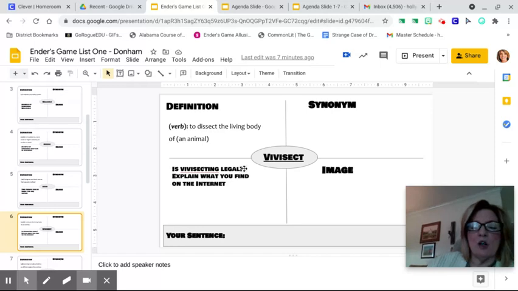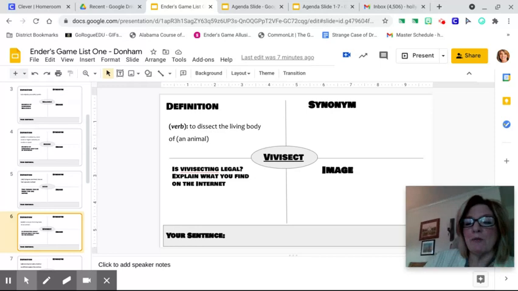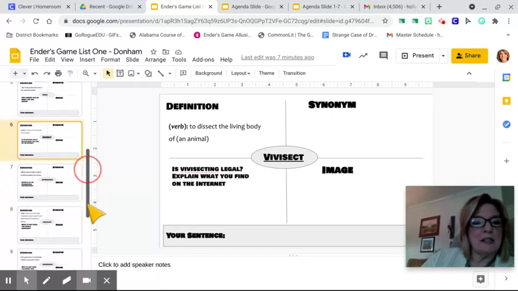Here again, the question is, is vivisecting legal? Explain what you find on the internet. So I want you to do a little bit of research about vivisections and vivisecting and answer the question in this box based on what you find out on the internet. Along with filling in your image and your sentence and the other things.